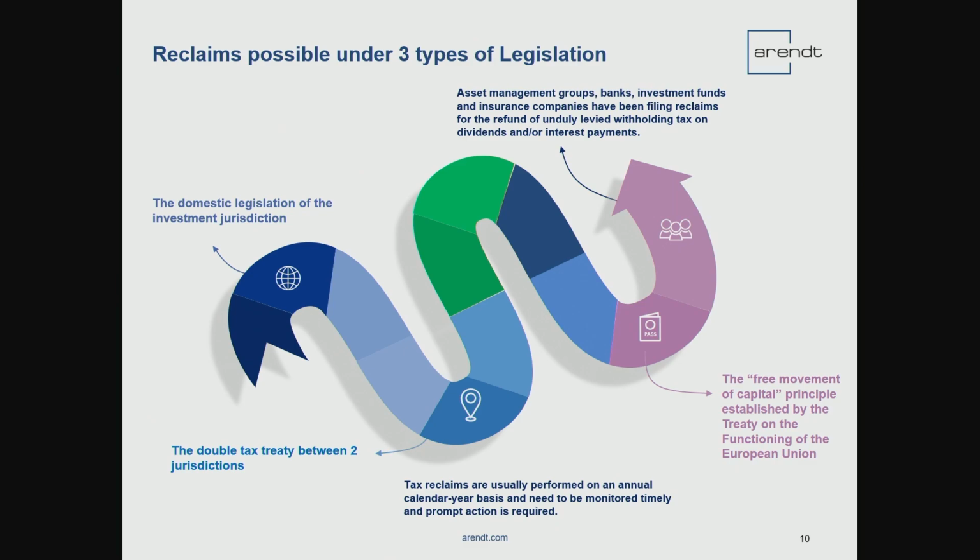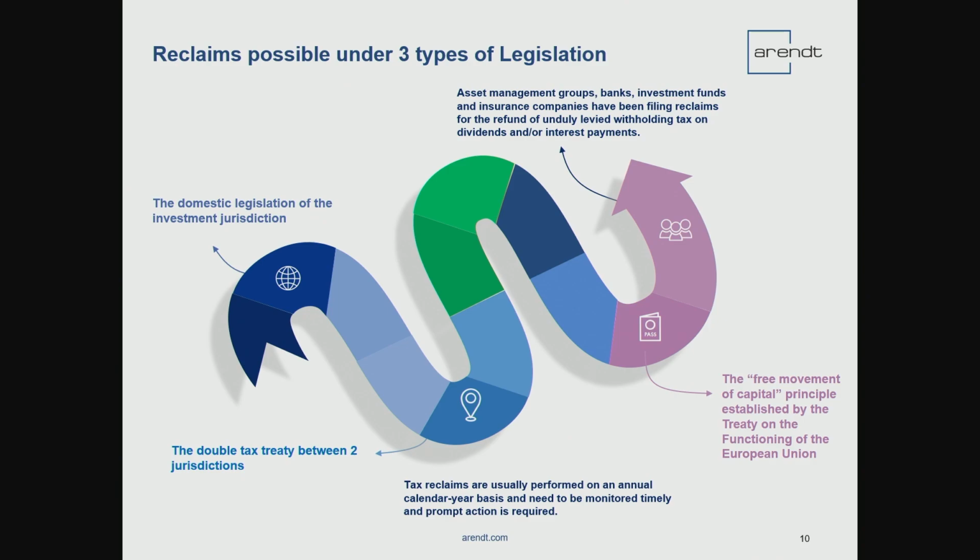So when you want to process this type of reclaim, you need to understand the local legislation or have a counterpart in those countries to identify if you have an opportunity. So you will look at the investment country. The second way to obtain a refund of withholding tax is with double tax treaty. So you will look at the international law and check the double tax treaty between the investment country and the residence country of your vehicles.